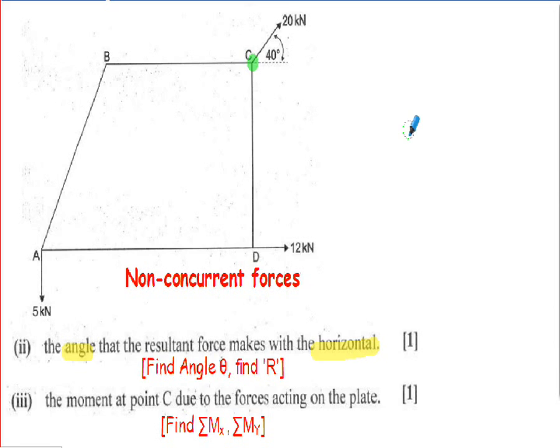Again, if you go back to the work we did on this, you'll find we worked out the moment in the x direction, the moment in the y direction, and we added the summation of the moments up. So again, I'm going to let you look at that, but that goes back to the table that we looked at in previous calculations. I also put it in the revision sheet in the techniques to remember.